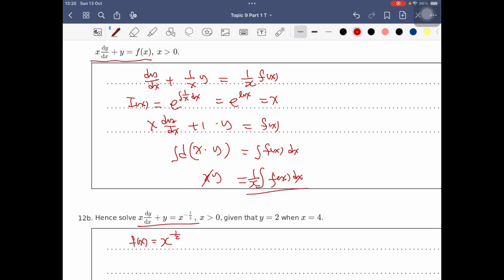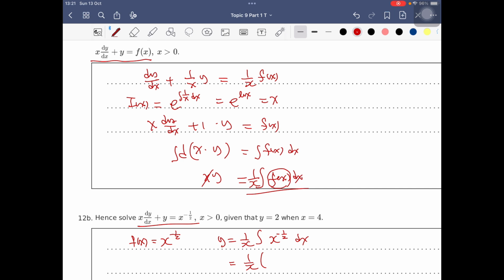So y equals 1 over x integral x to the negative 1 over 2 dx. So we need to understand that in the integral only f of x is there. 1 over x is out of the integral, so we don't integrate it.